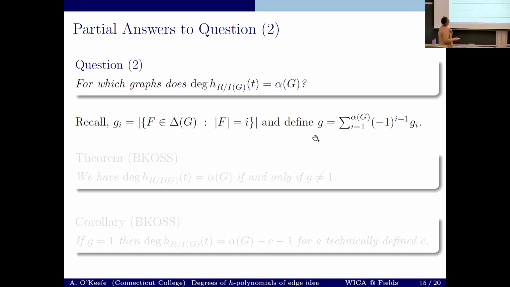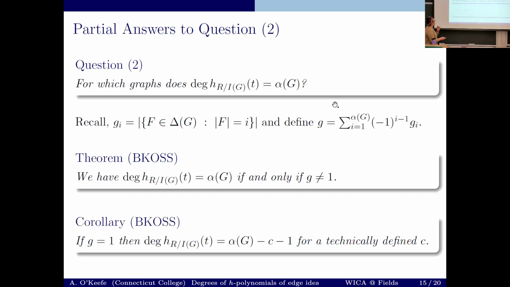So we were able to show that we can characterize when we achieve the upper bound in terms of this alternating sum, and it's exactly when that alternating sum is not 1. So now the question is, which graphs have that alternating sum not 1?